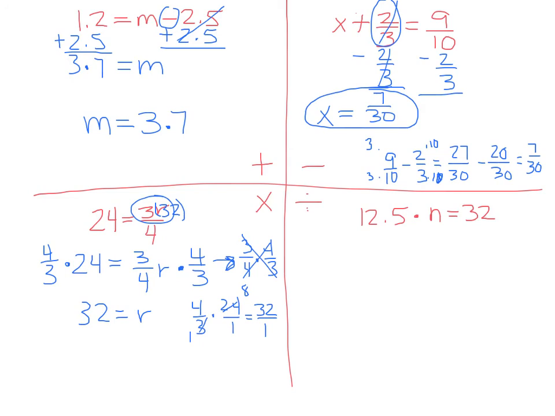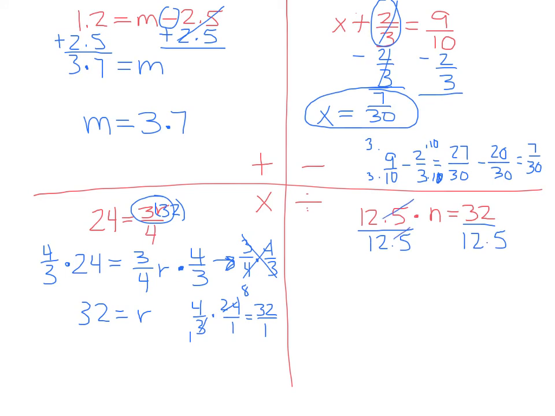Alright, so on the division one, they're kind of fooling you again. Normally, we would see it written like 12.5 n equals 32. So don't get confused when it doesn't actually have that. It's got the multiplication sign in there. You can still divide out your 12.5, and you're going to do the same thing over here.